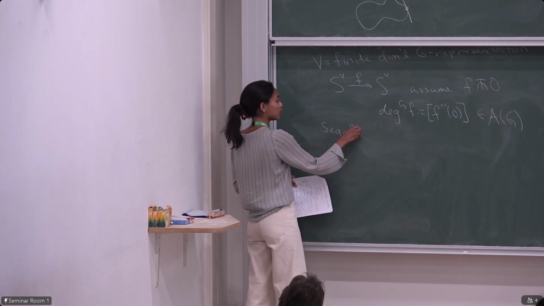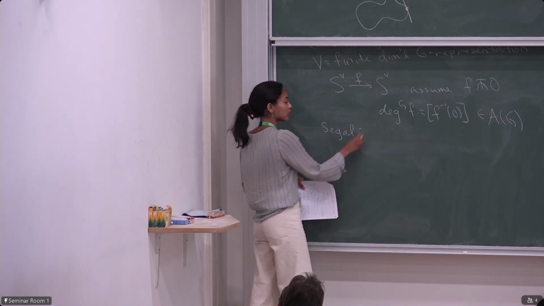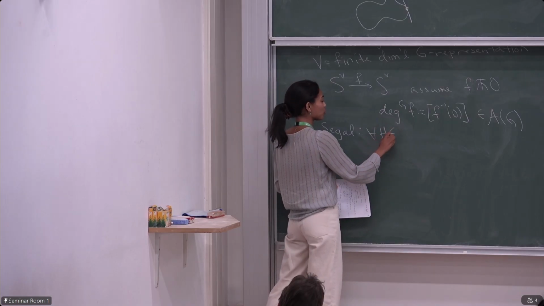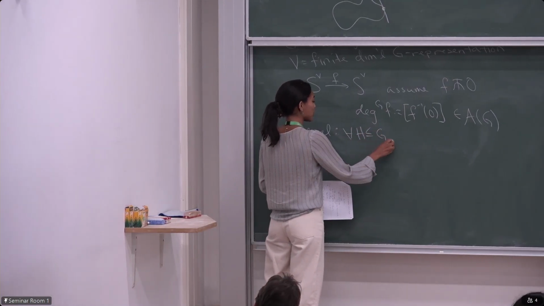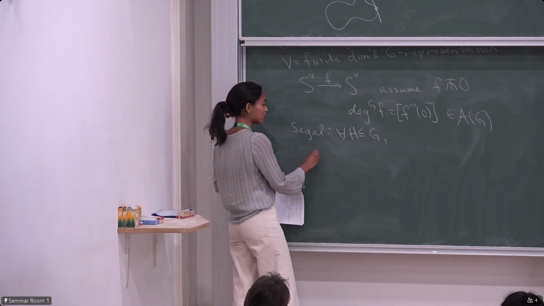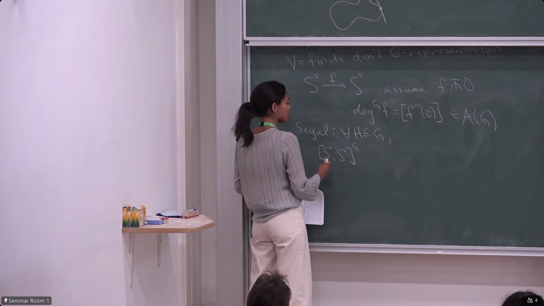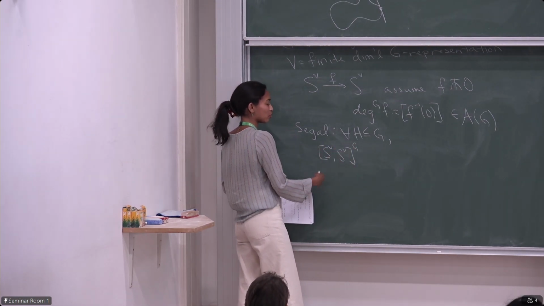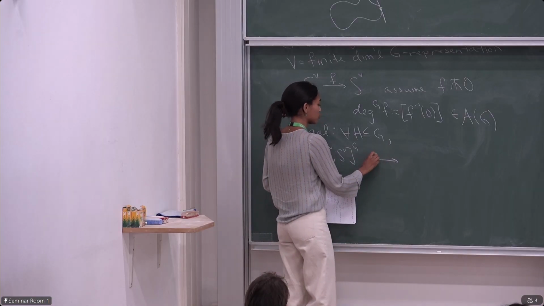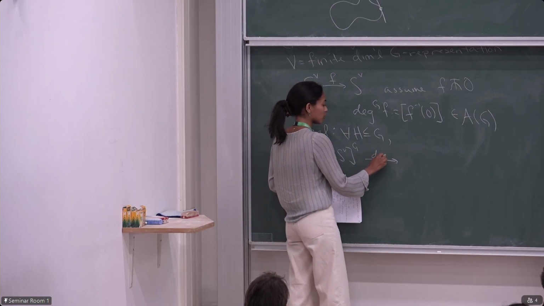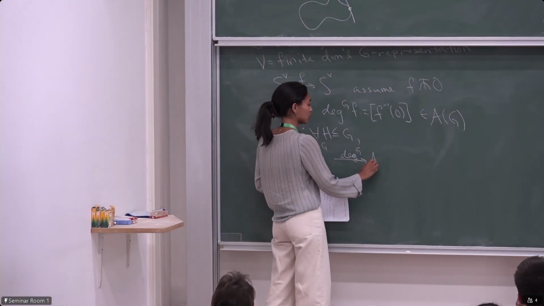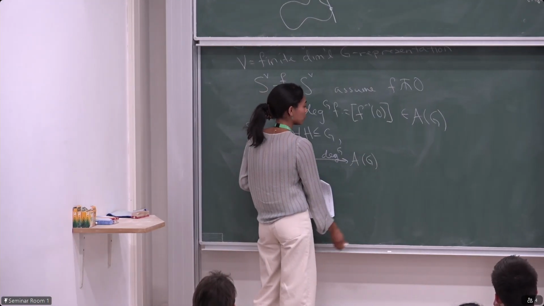And remember also a result of Segal that says for all subgroups H of G, the following diagram commutes. So for any endomorphism of representation spheres, you can take this degree to get an element of the Burnside ring.